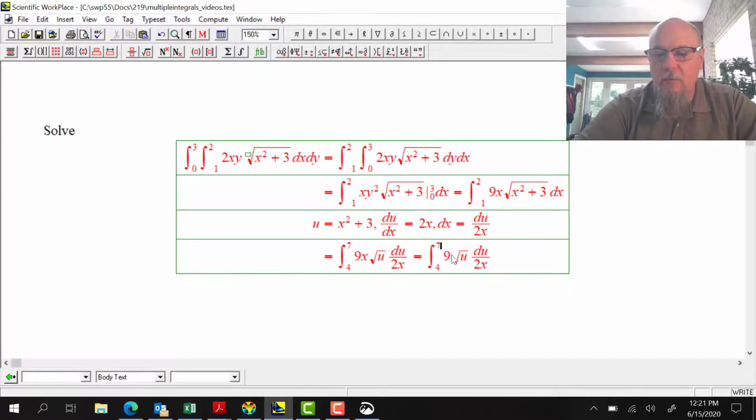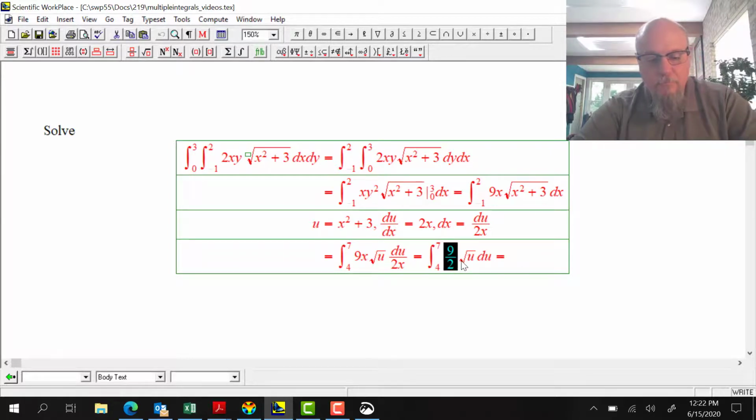Let's make that a 9 over 2. I'm having trouble with that. And we canceled out the x's. Now when I integrate, so that's u to the half, that's going to be add one to the exponent divided by what's up top.